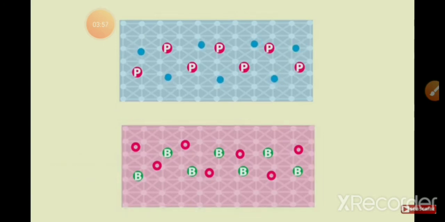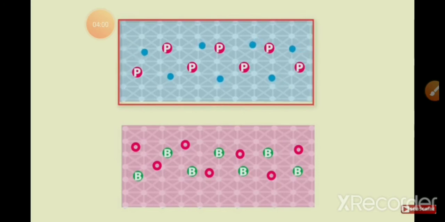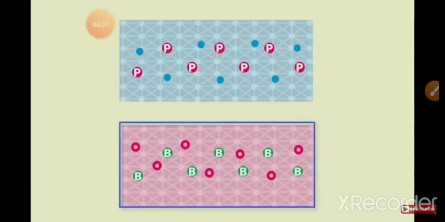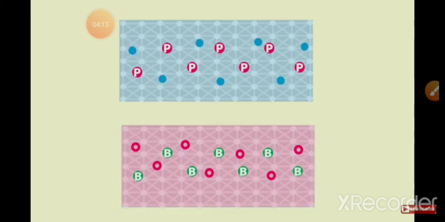We have to take another sheet of pure silicon, and we will inject the boron atom in that. As a result, we can see that there will be holes or empty spaces created in this sheet.